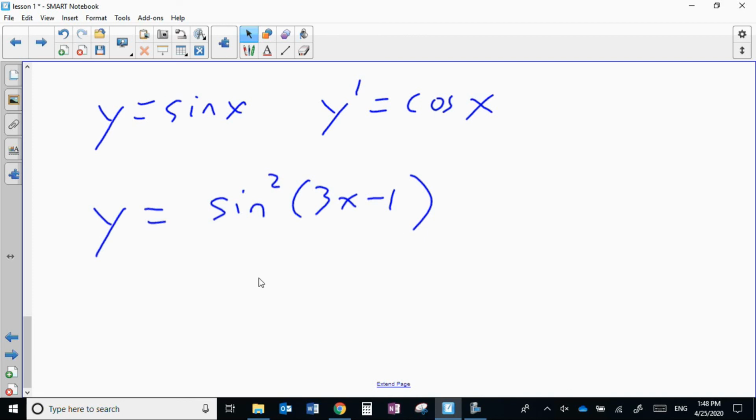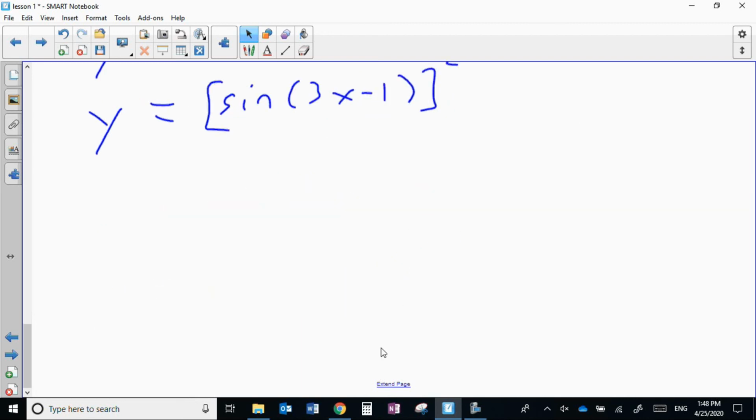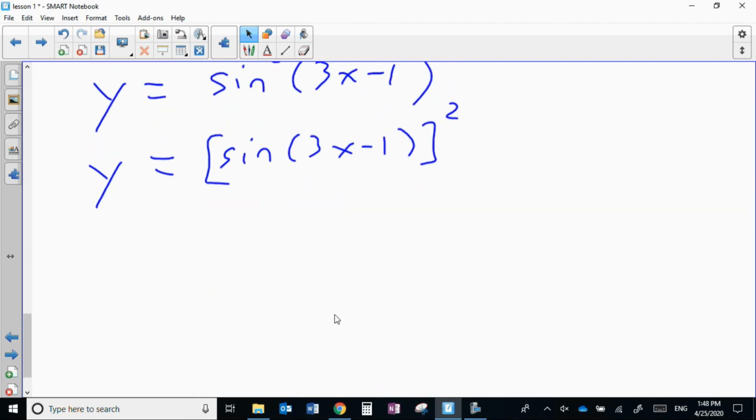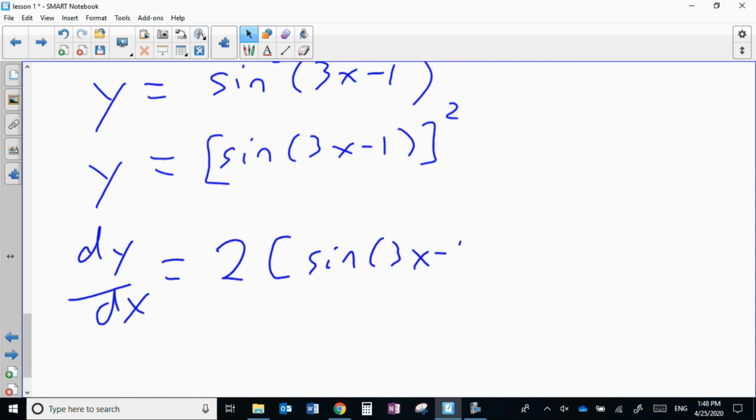Well, the first thing to realize is, what does this squared mean? It means you really have the sine of 3x minus 1 all squared. And so we need to use the chain rule actually quite a few times here. Dy by dx will equal 2 times the sine of 3x minus 1 to the power of 1 times the derivative of the inside stuff.